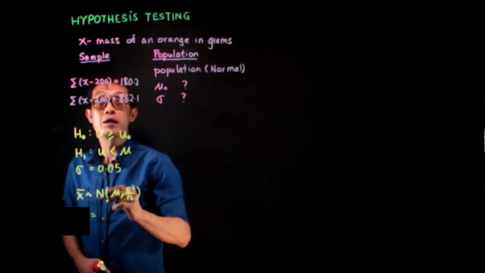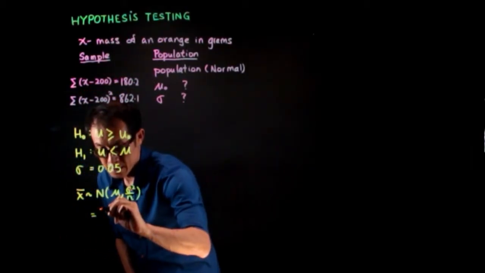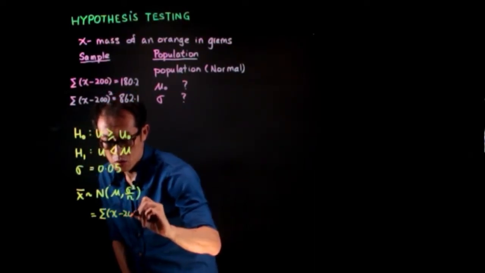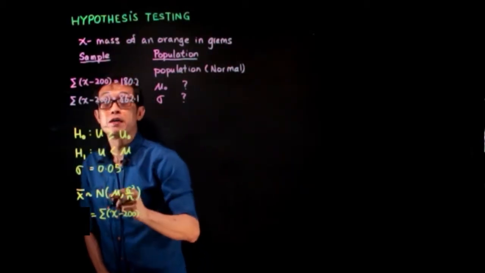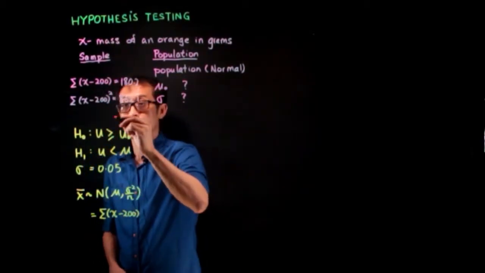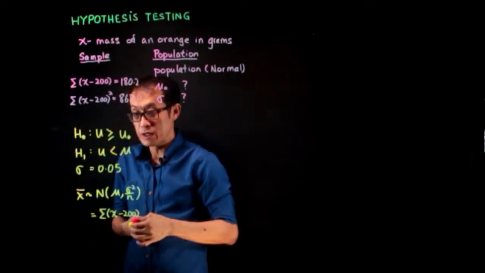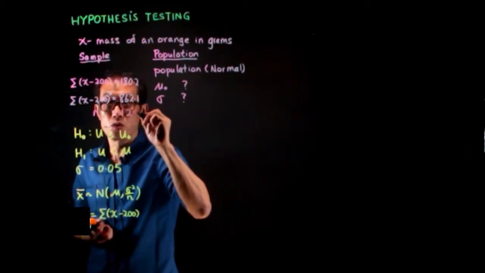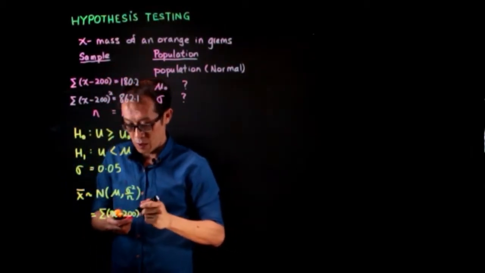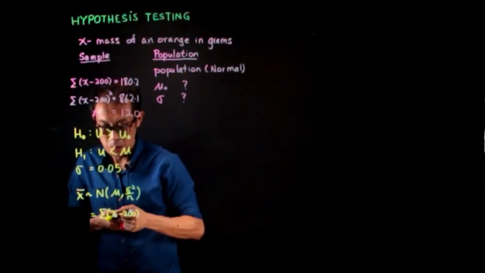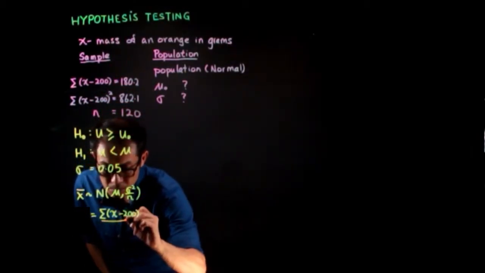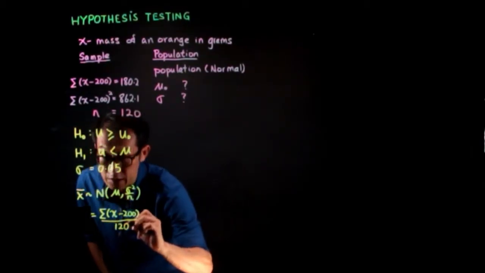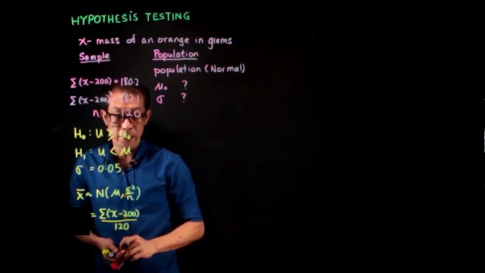The sample mean will be given by summation of x minus 200 divided by n. N is 120, so let me fill this in. N is 120.